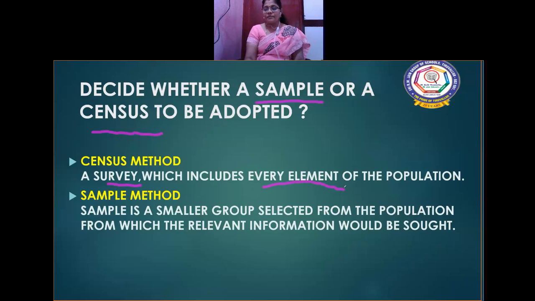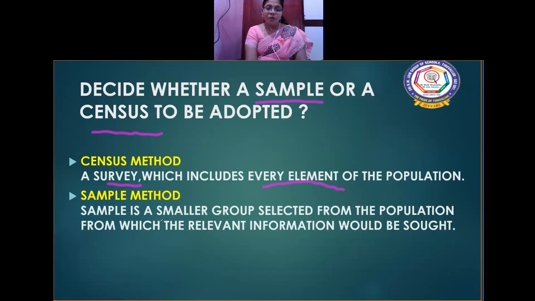For example, if the government is going to collect information about the occupational structure of the people living in a country, the government can choose two methods. Through the census method, the government has to include each and every member of the population.